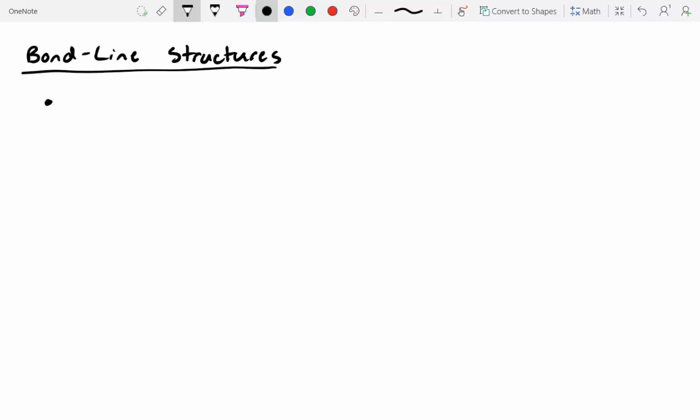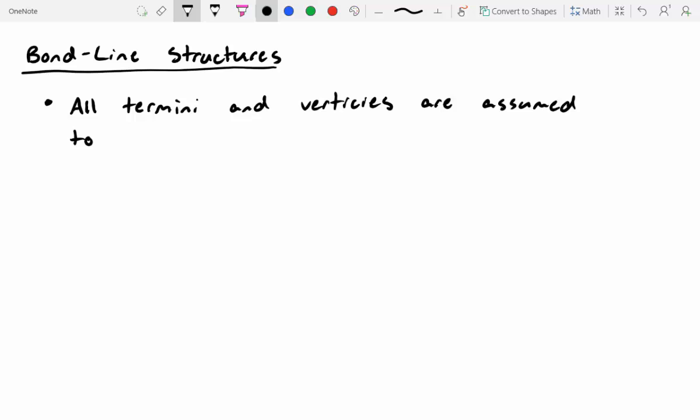So let's write out a basic list of rules. First one is all termini and vertices, meaning a kink in your zigzag or an end, are assumed to be carbon, unless otherwise labeled.